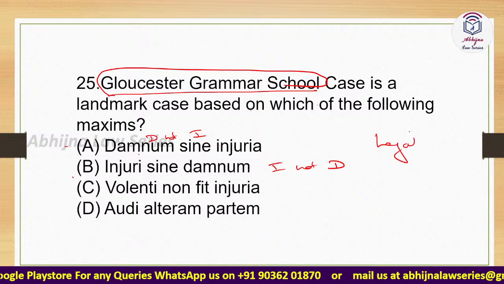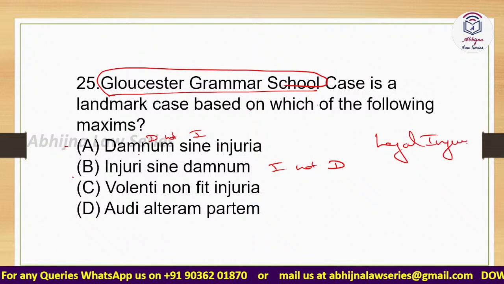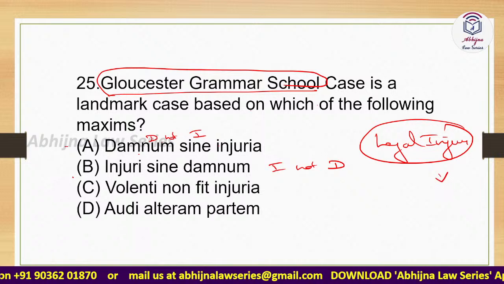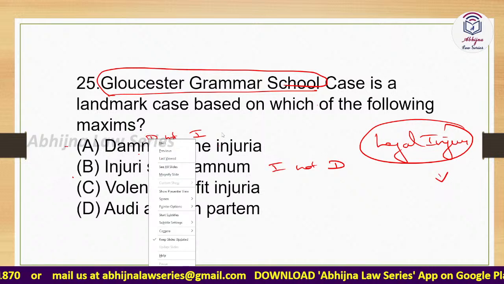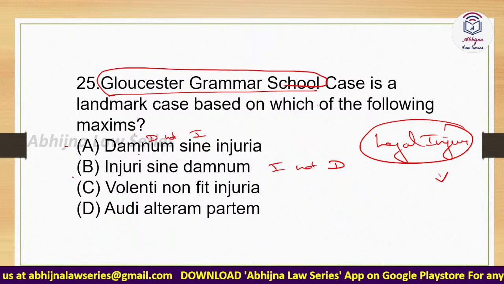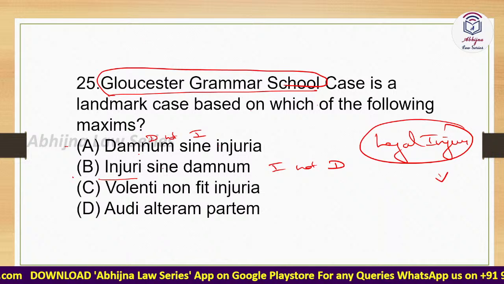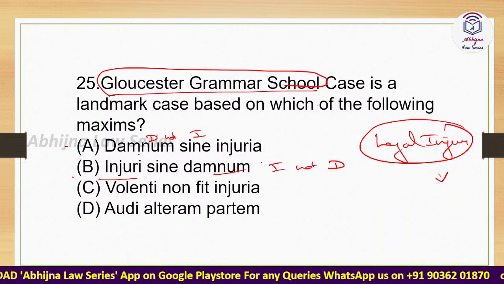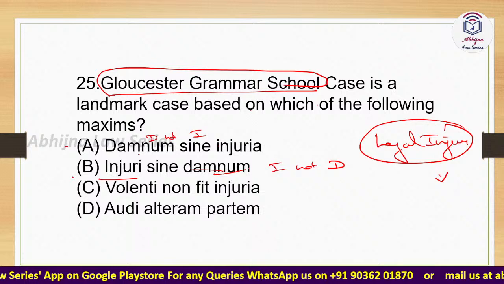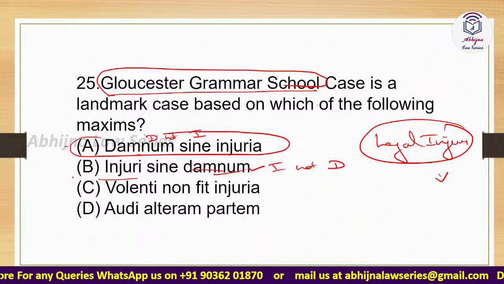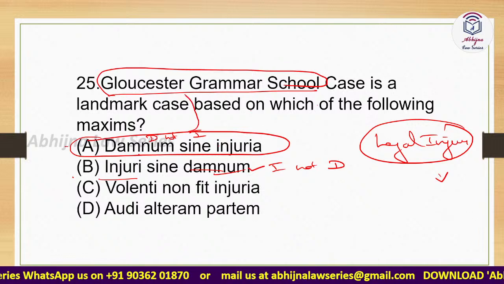Only when there is a legal injury can you claim damages. Even when damage has occurred without legal injury, you cannot claim compensation. But whenever there is a legal injury, even without damages, you can claim compensation. So, this case was based on this.